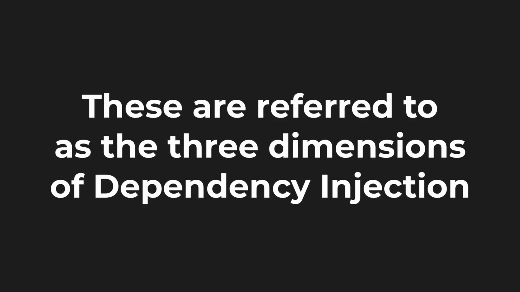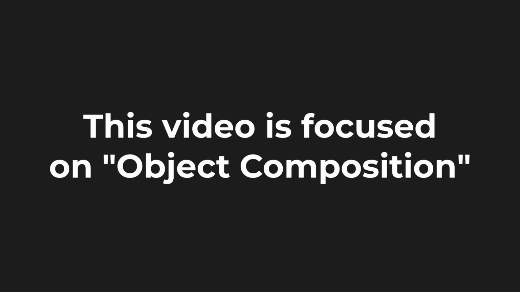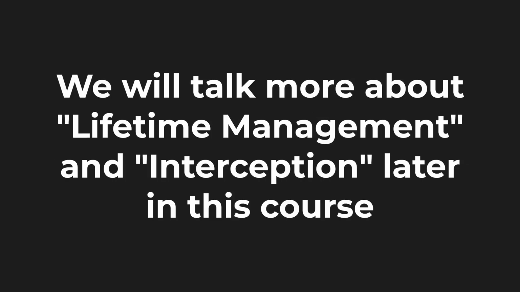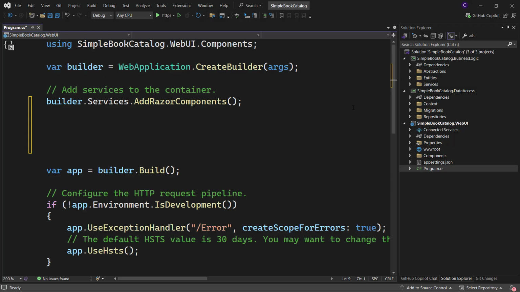These are referred to as the 3 dimensions of dependency injection. This video is focused on object composition, and we will talk more about lifetime management and interception later in this course. Going back to our code, we can use .NET's built-in dependency injection container to register various dependencies like so.